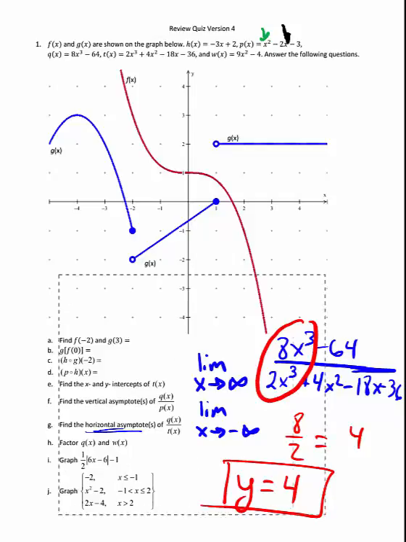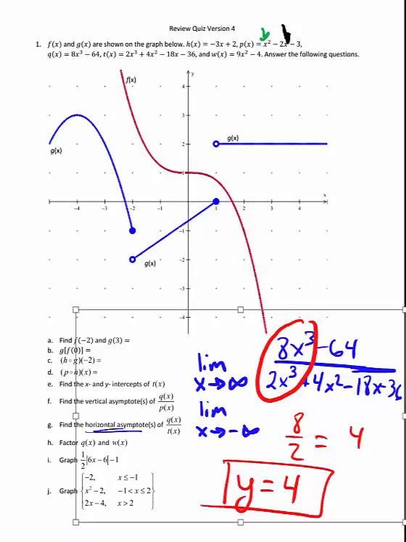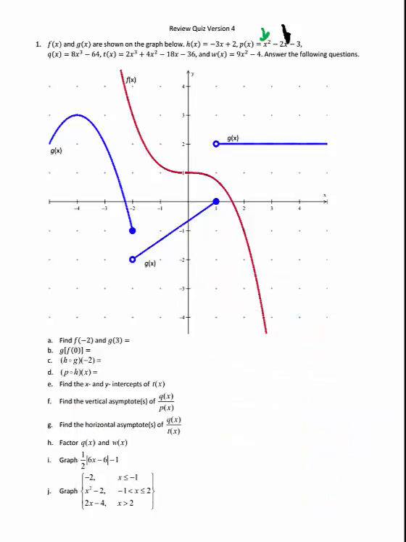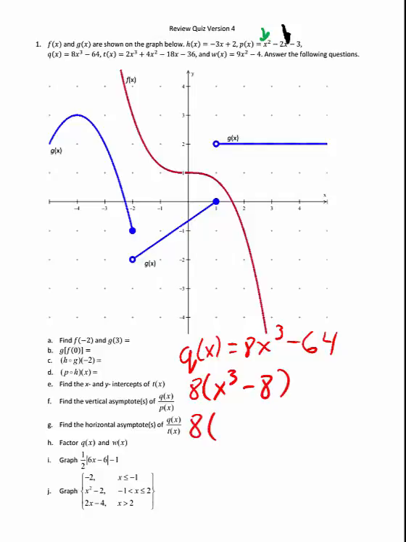Alright, next we're going to factor out q of x and w of x. Alright, for q of x, we have 8x cubed minus 64. You can do one of two things. You can either factor out the 8 first, and then do the SOAP method. So you'd have 8 times x minus 2 times x squared plus 2x plus 2.